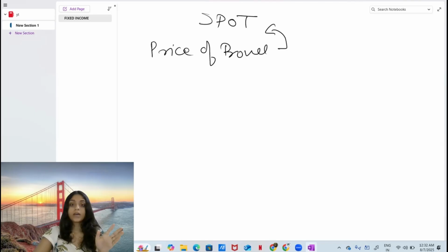So first, using spot rate, how to get the present value of the bond?